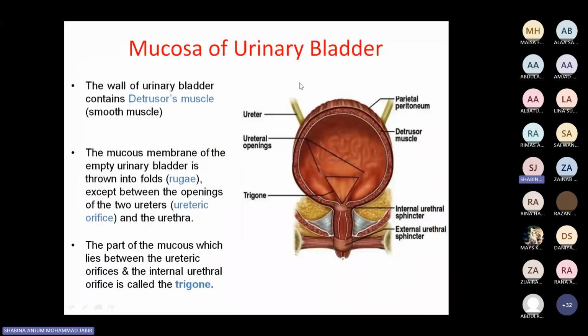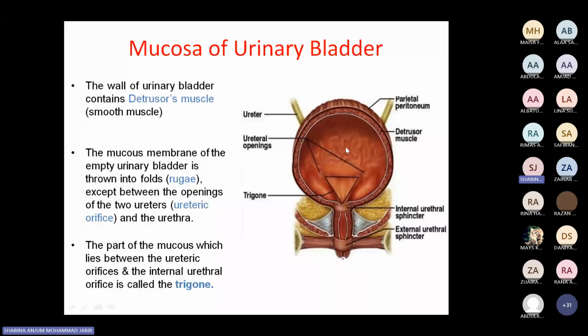Now, if you take a section of the urinary bladder, you will find that the wall has smooth muscle. What is that muscle called? Detrusor muscle. The mucosa of the urinary bladder is thrown into folds.